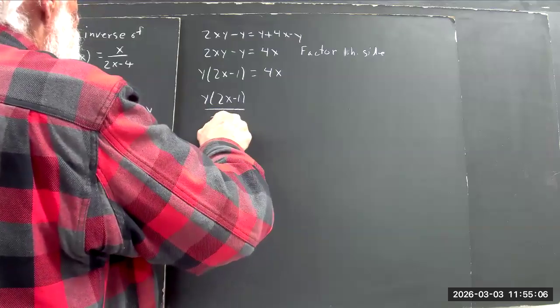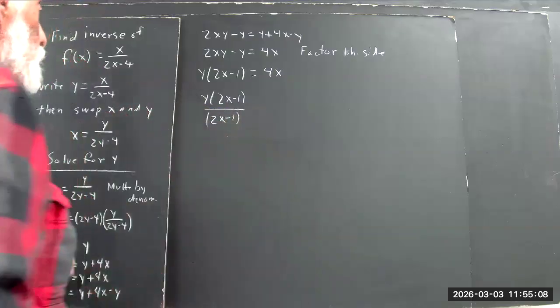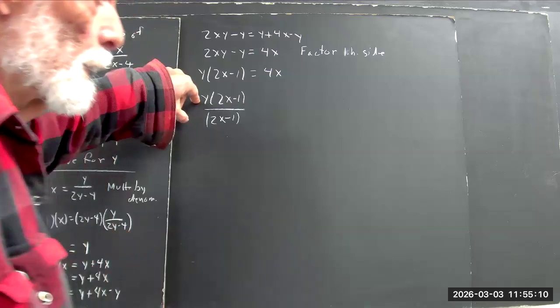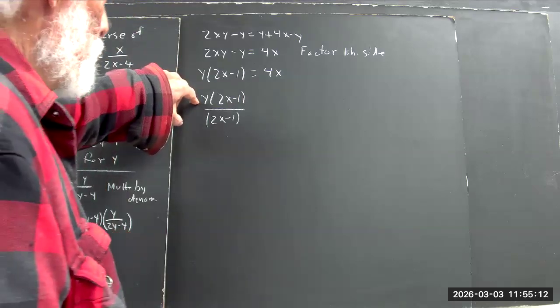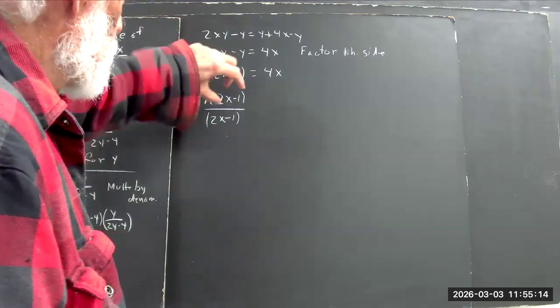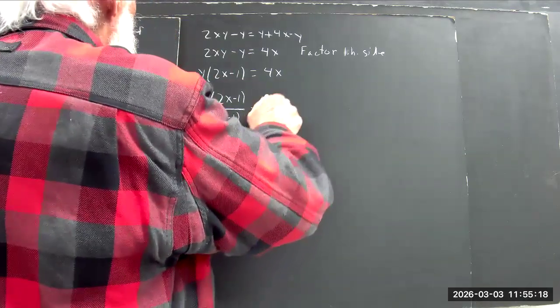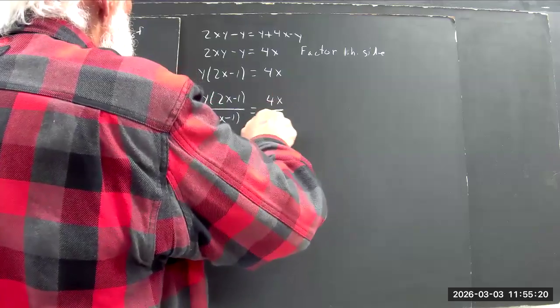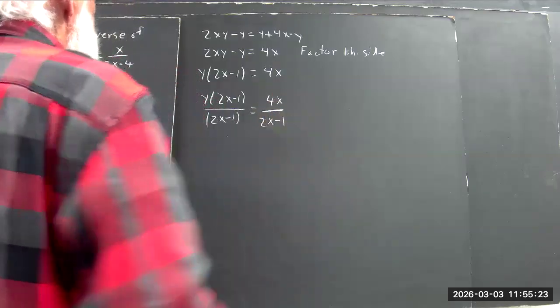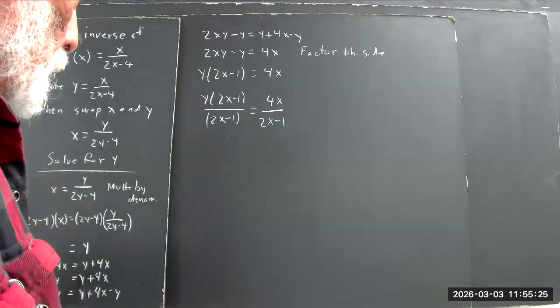Now we divide both sides by 2x minus 1, because we want to just get y on this side. To get rid of the 2x minus 1, which is multiplied by y, we have to divide by 2x minus 1. And we do the same on the right-hand side.